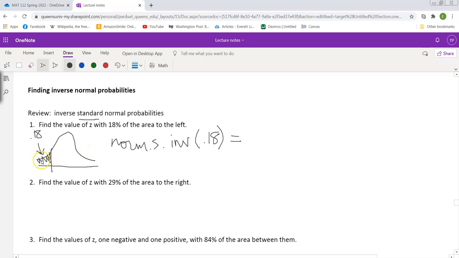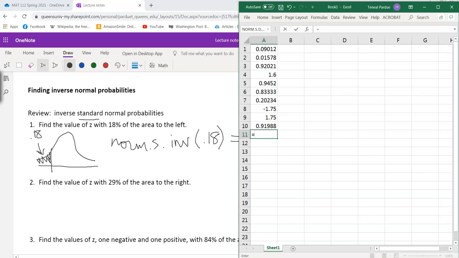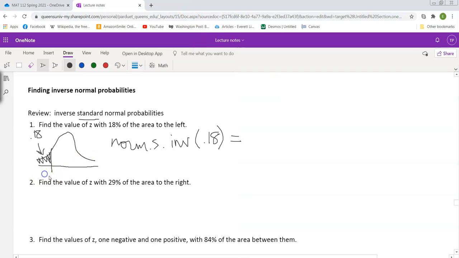Okay, and here we've got 18% to the left, so this gives us a negative 0.9154. So negative 0.9154.